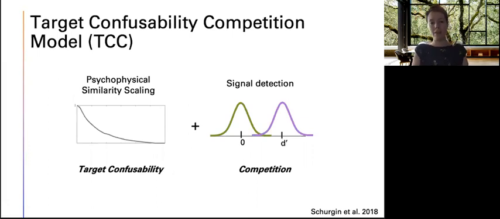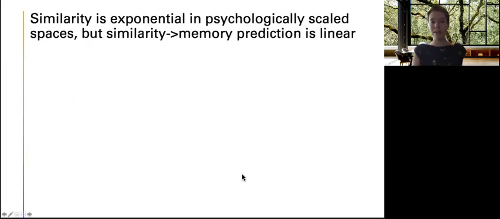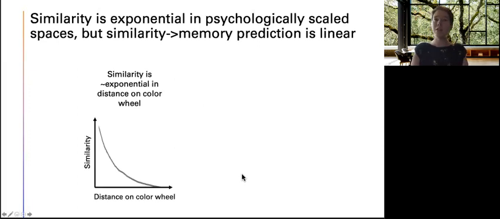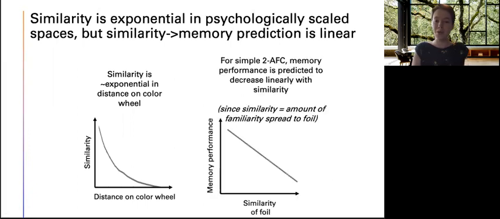We've already seen that similarity is exponential in psychologically scaled spaces, but that changes slightly when thinking about memory. The TCC model is really about how to take the similarity function and model complex tasks such as continuous report. But deep down, the model is really just saying that similarity is, at least for low-level stimuli, a measure of memory confusability.